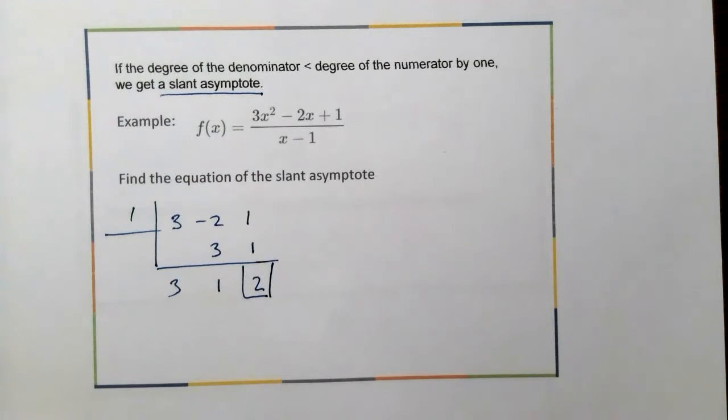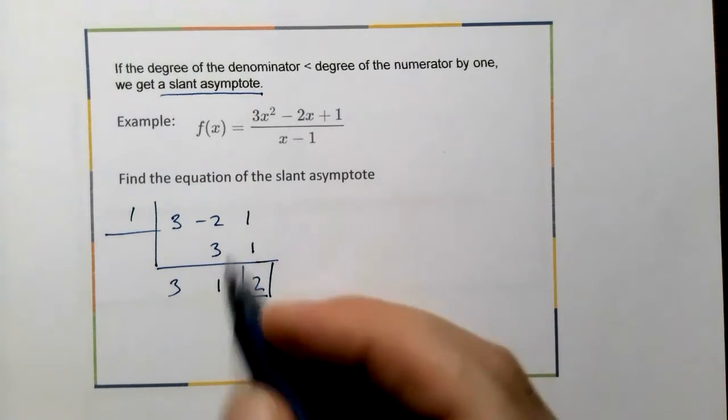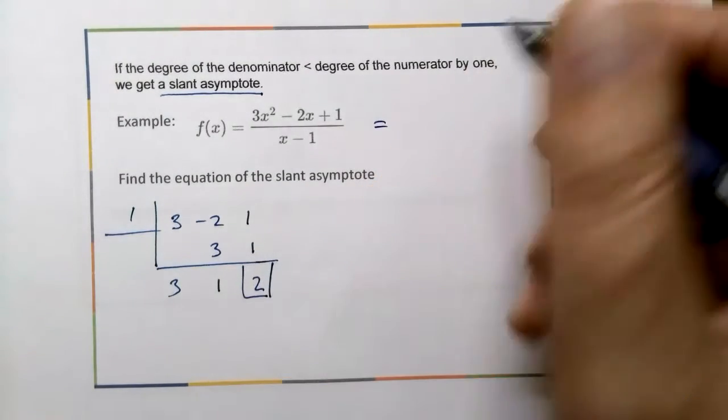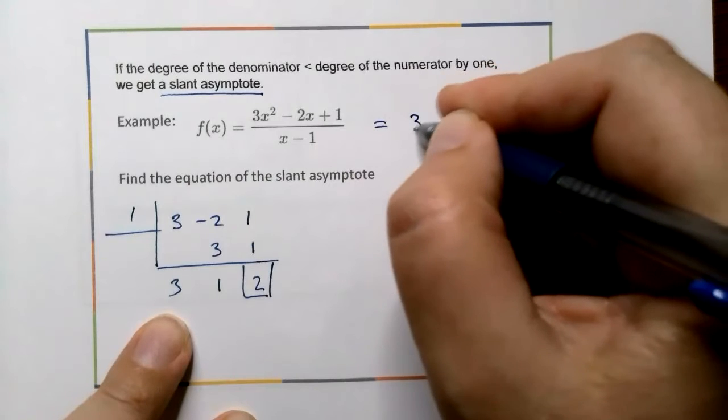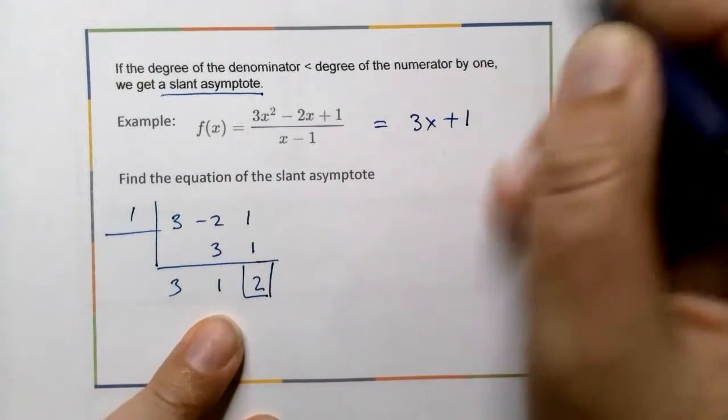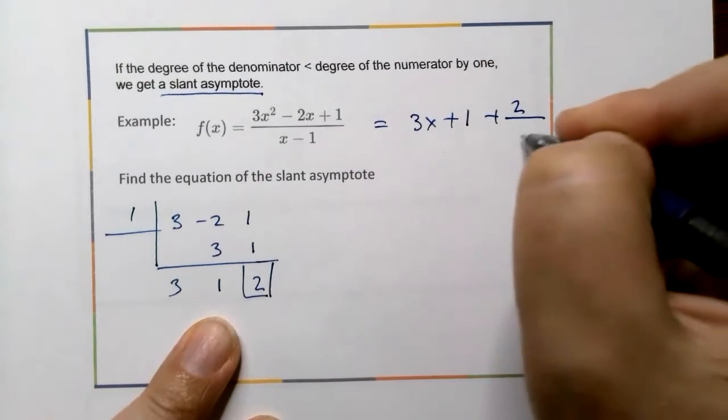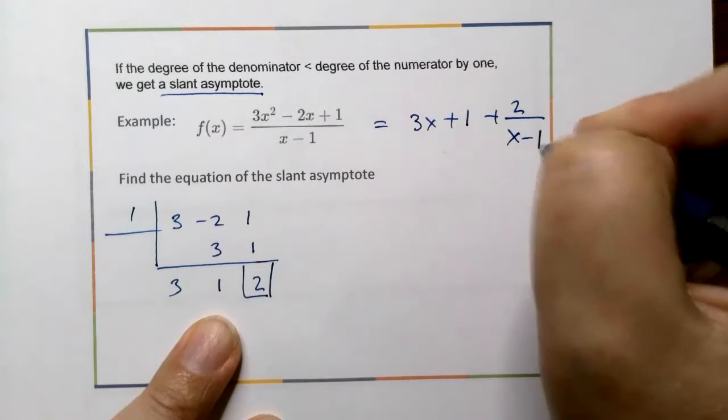Okay, so here's what we have. Basically we have 3x plus 1 plus 2 over x minus 1.